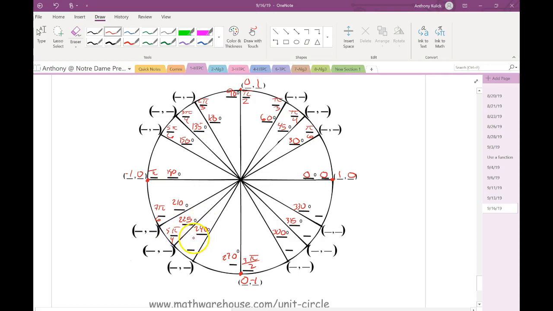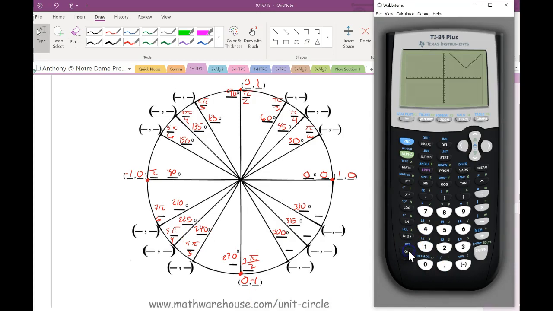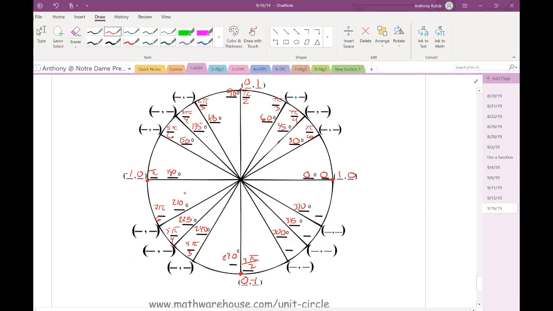And then 240 is, well, that's 5 pi over 3, I think. Four pi over 3. Thank you, the person that tried to tell me 4 pi. Ann, was that you?